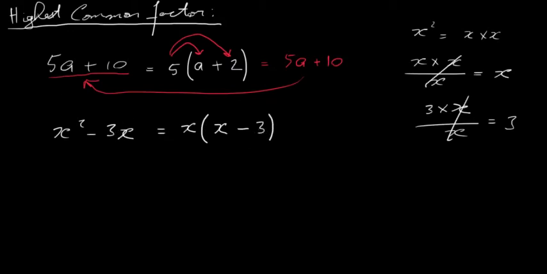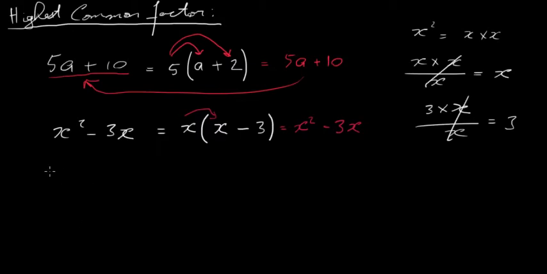Just to check that, work backwards: x times x will give me x squared. X times minus 3 will give me minus 3x. That's exactly the same as what we started with, so it does work. This expression, x times x minus 3, is exactly the same as x squared minus 3x. We've just split it up into two expressions that you can multiply to give us x squared minus 3x. Okay, so let's look at another one.